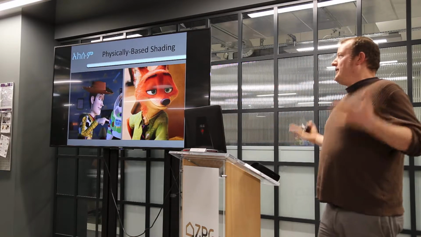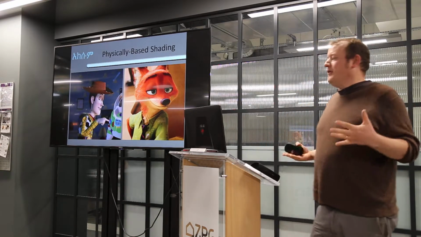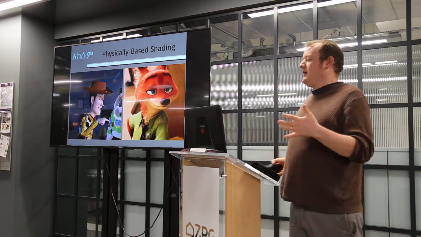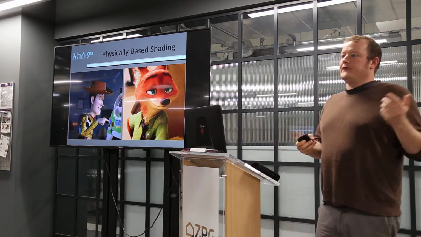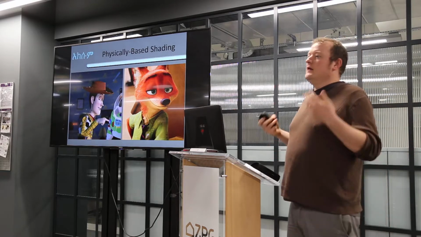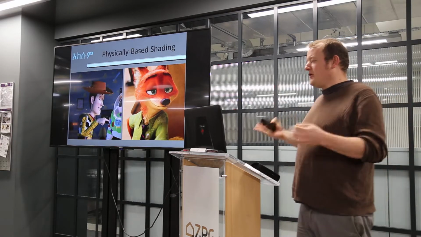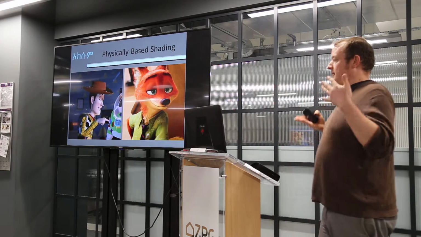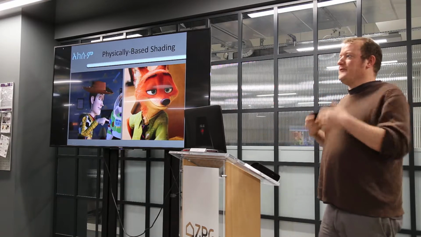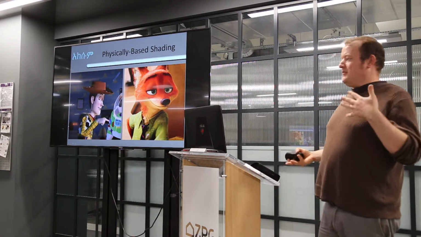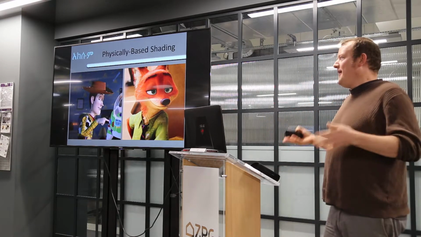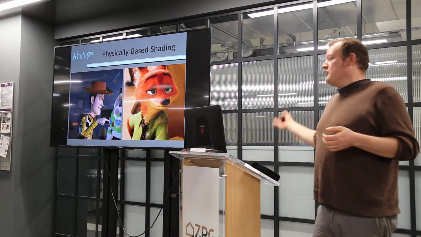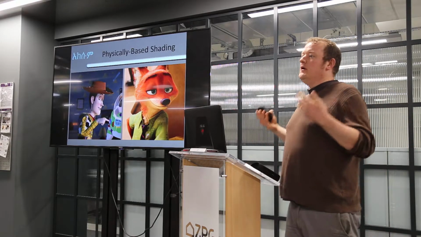So what is physically based shading? At a high level, I think these two images describe it. The one on the left is from the early Pixar movie Toy Story. If you look at the surfaces in this image, they look really flat and kind of plasticky, which of course is fine because they're meant to be toys. But compare these surfaces with the surfaces on the right from the more recent Disney film Zootopia.